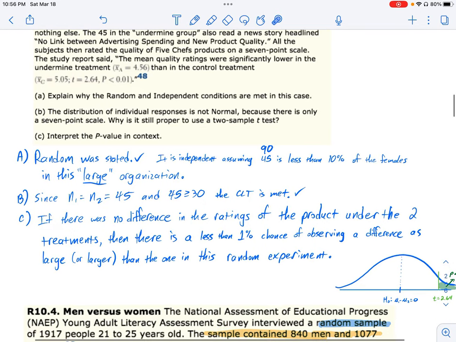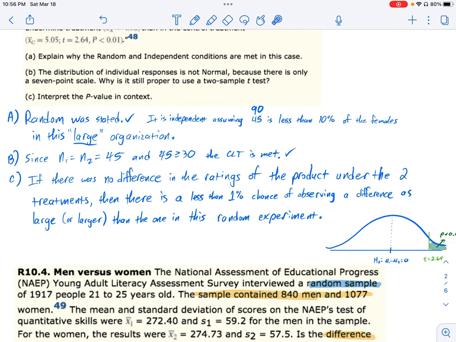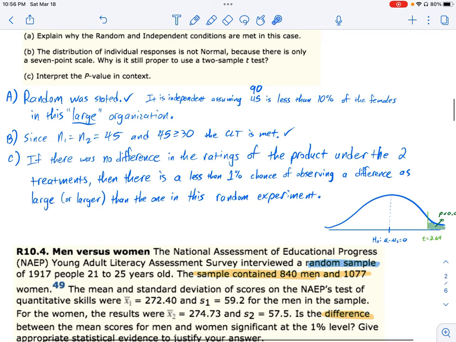Interpret the p-value. So this we need to take time on because it was on the Chapter 9 test and it could be improved upon. So essentially, folks, you always start with this.